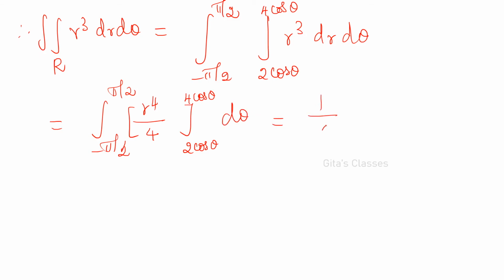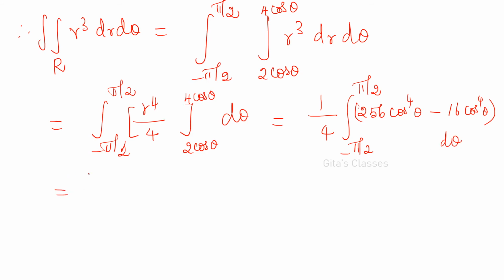So 1 by 4 I am taking outside, integral from minus pi by 2 to plus pi by 2. If you substitute, 4 power 4 is 256 cos power 4 theta, minus 2 cos theta to the power 4, that is 16 cos power 4 theta, d theta.